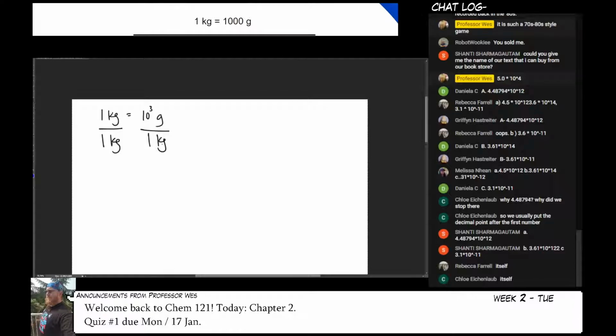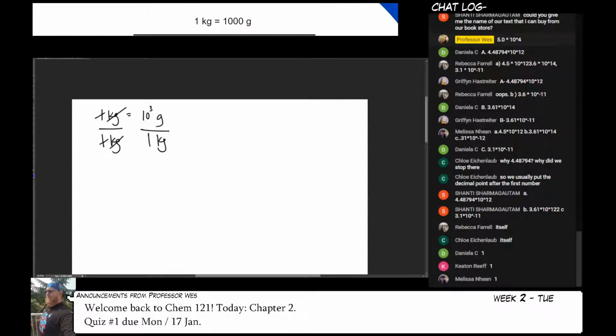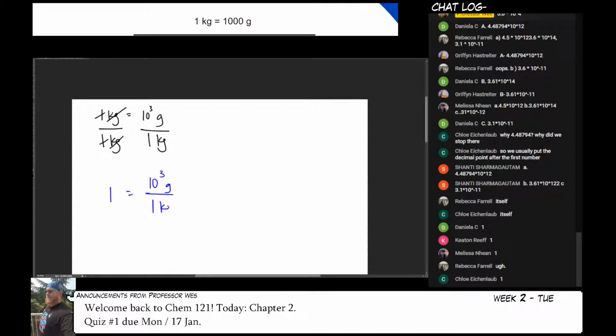I want a number divided by itself. What does that equal? 5 divided by 5 is not 5, right? 1, very good. So, 1 divided by 1 is just 1, but this is true for literally anything, including units. Kilogram divided by kilogram is 1, right? So what I get, if I reduce this expression, is 1 equals this thing. Now, that's sort of a curiosity, but we're going to come back to that.